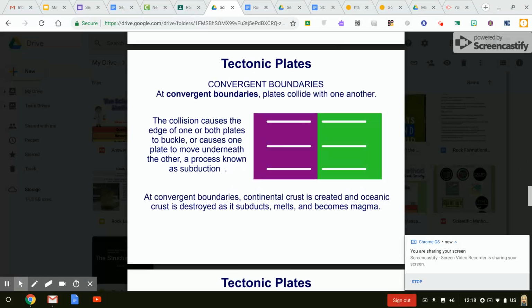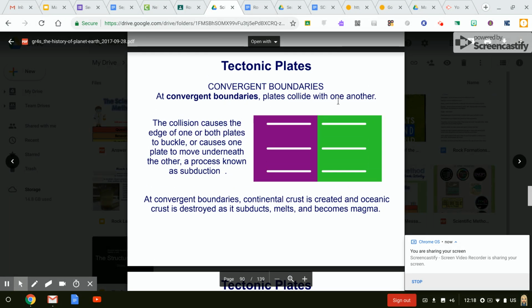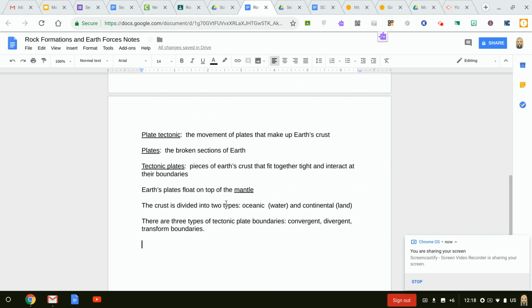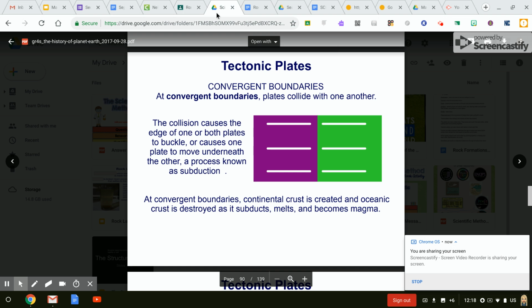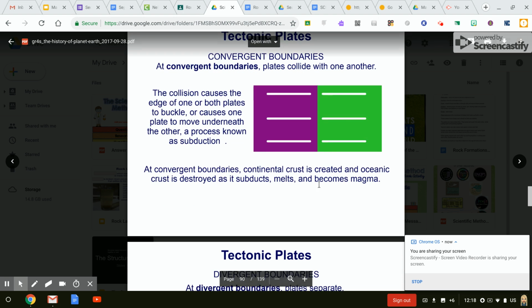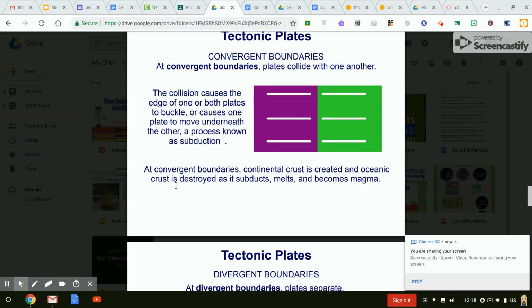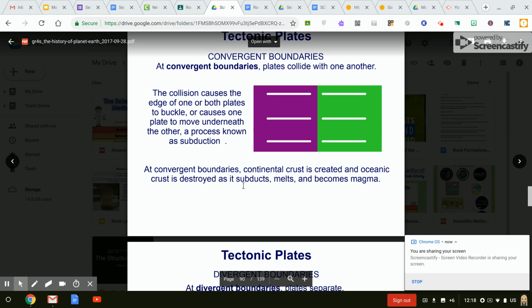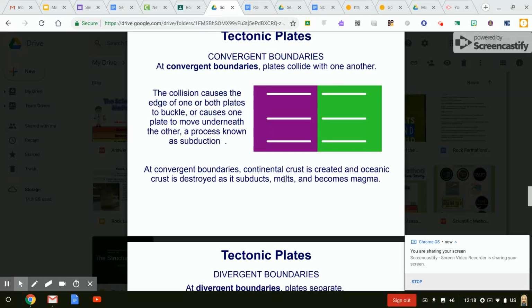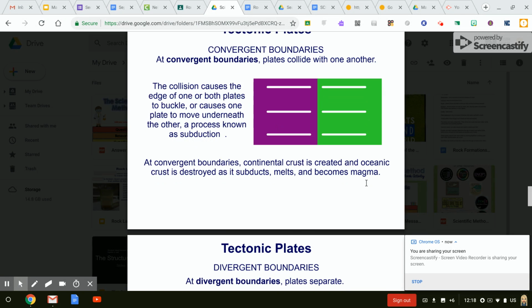So convergent boundaries are plates that collide with one another. And this is where the continental crust is created and oceanic crust is destroyed as it subducts, melts, and becomes magma.